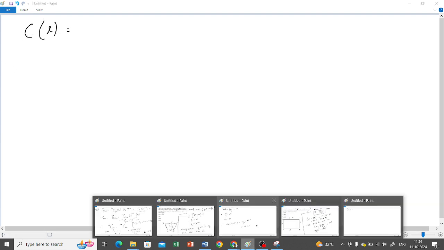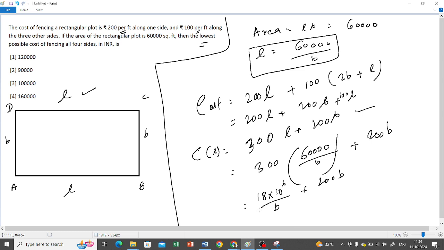Right, so this is what we have. The cost is equals to 18 into 10 to the power 6 by B plus 200B.